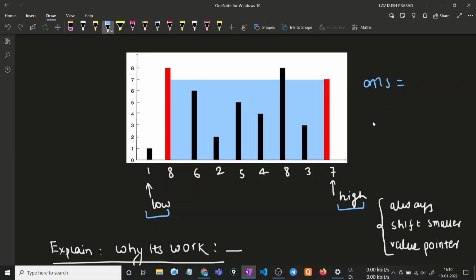So what is the current area? The minimum of 1 and 7, and the distance between them is, indices 0 1 2 3 4 5 6 7, 8 minus 0. So the minimum is 1, into, so it is equal to, so in this answer 8 is stored, right?